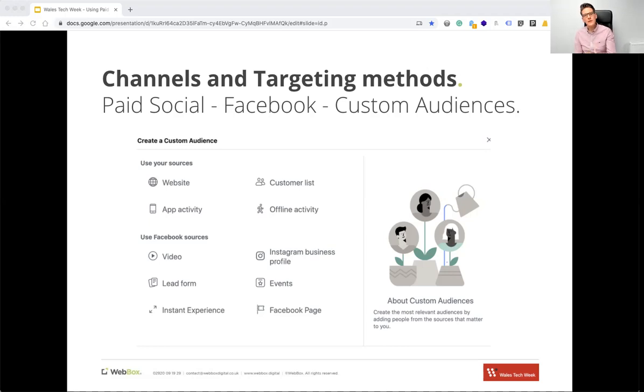Or we could show a different advert to those who have been specifically to your pricing page, for example. Or again, a different message to those who have read your blog but not looked at your services or subscribed to your newsletter. And it's by segmenting this data that you start to get granular with it and you start to get better results. So don't treat this as, someone's been to my website, so I'm going to serve them this advert. Look at it as, what have they done on the website? And then let's serve an advert which is relevant to that action.